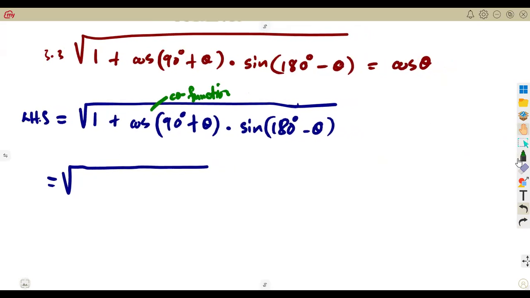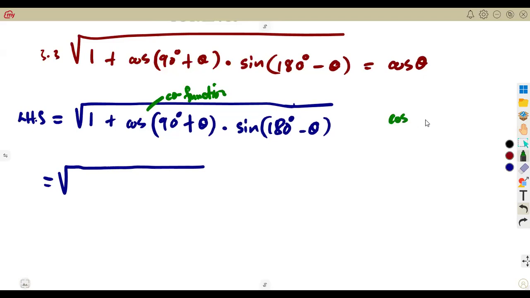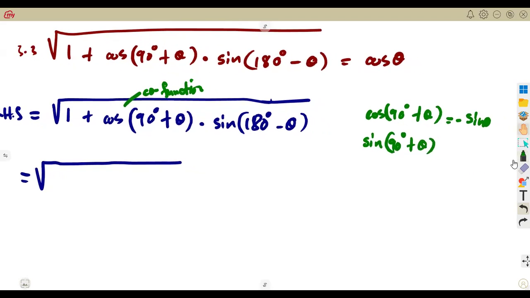Let me write them here, guys. Cos of 90 plus theta is in the second quadrant where cos is negative, so it will be minus sine theta. When it is sine of 90 degrees plus theta, because in the second quadrant sine is positive, cos will be positive. So it will be written as cos theta.